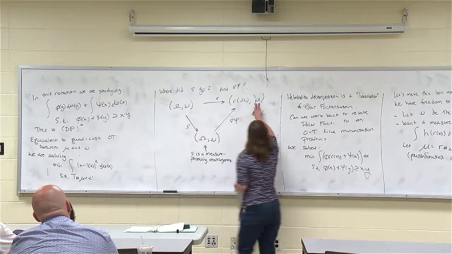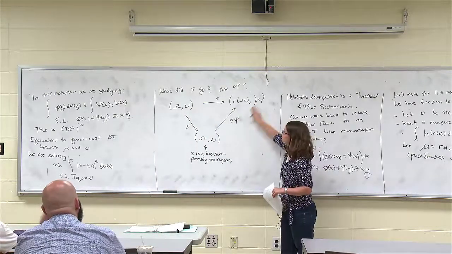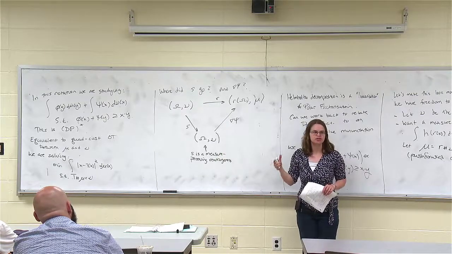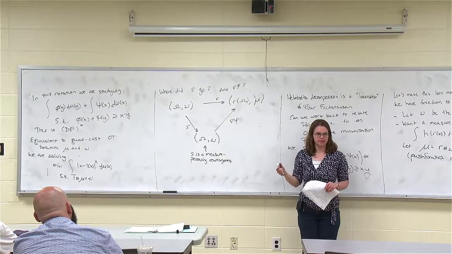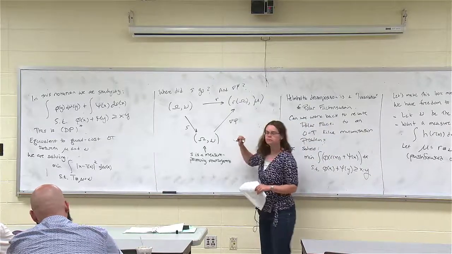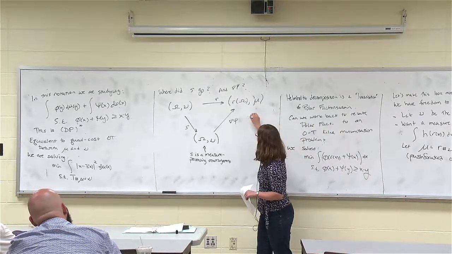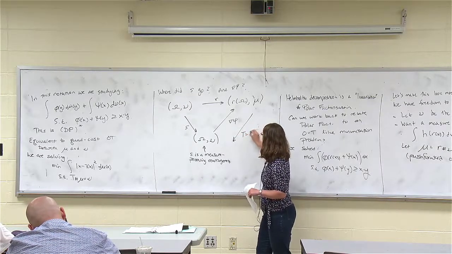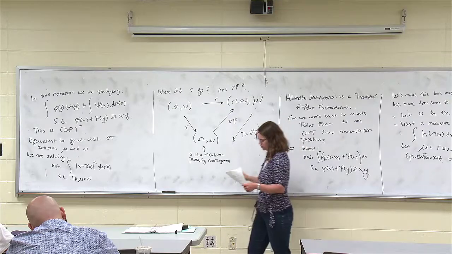T was the optimal mapping from mu to nu here. And we know when we do optimal transport, T is written as the gradient of phi. The phi and c are Legendre duals. So we're going to have T, which is the gradient of phi, because these are Legendre duals.